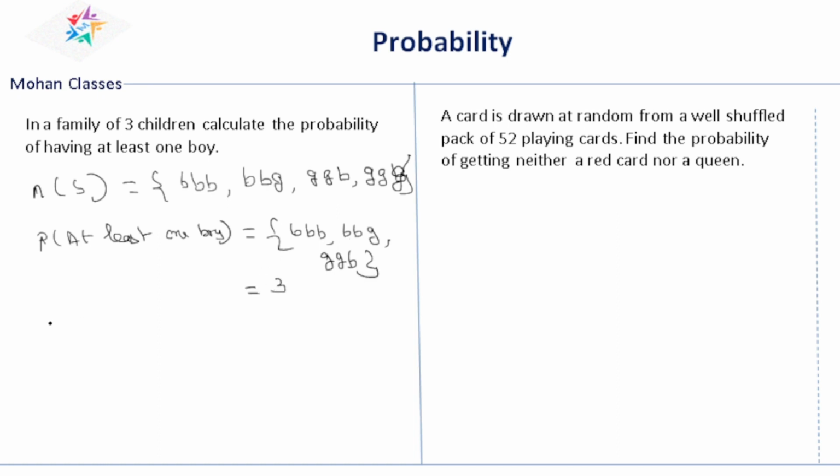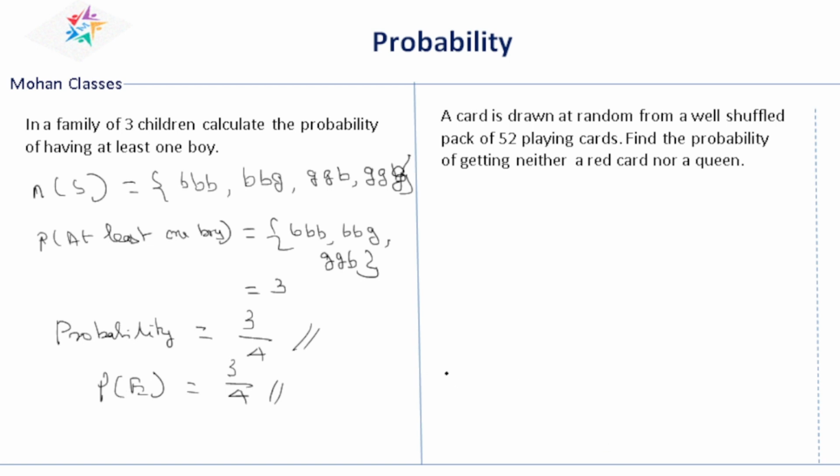Therefore, what is the probability? It is equal to 3 by 4. There are 4 possible outcomes, but the favourable outcomes are 3. So 3 by 4 is the probability. This can be written as P of the event is equal to 3 by 4.